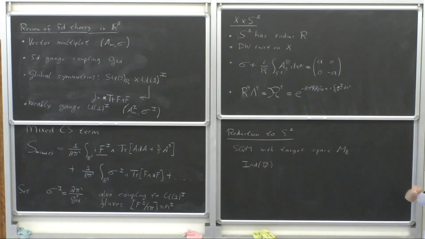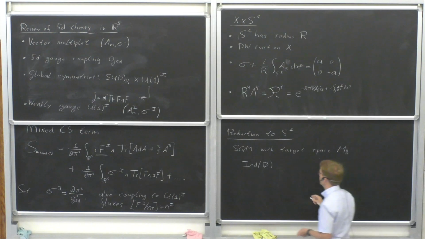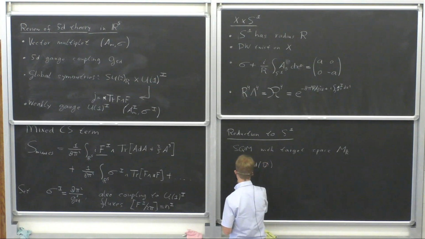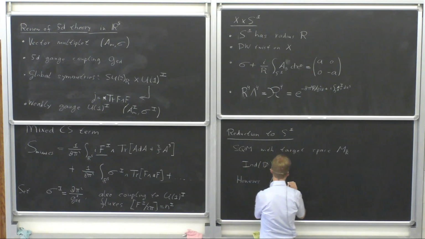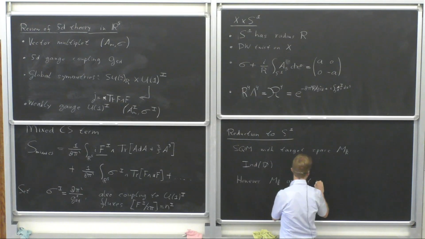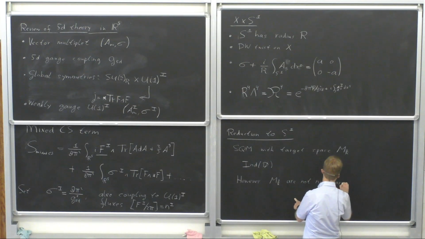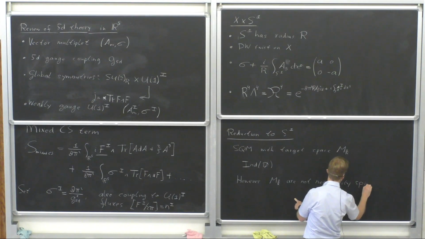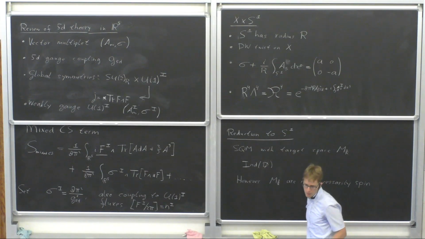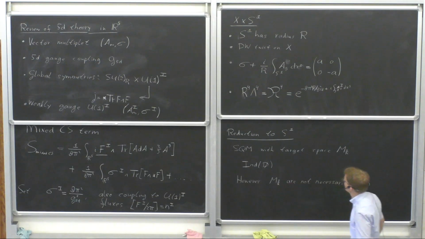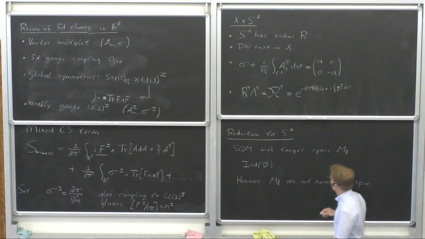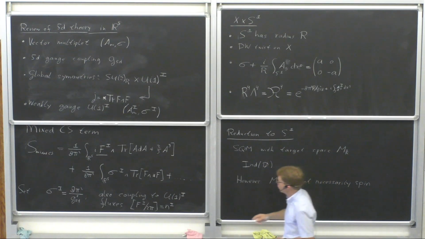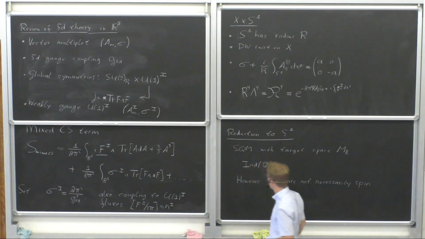But now there is one puzzle: the instanton moduli spaces M_k are not necessarily spin, and then we have an anomaly in the quantum mechanics, which we can cancel by choosing these fluxes appropriately.